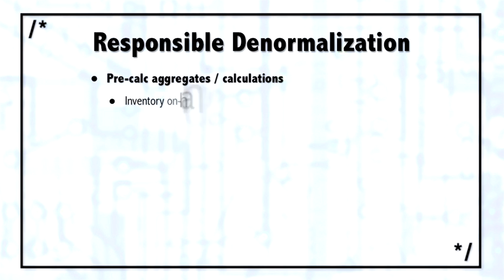Some examples of how you can responsibly denormalize, improve performance of the database, and even improve the integrity of the data is to denormalize inventory on hand calculations, pre-calculate some aggregates. For example, in the order detail table, it could be argued that because we have the quantity and because we have the individual item price, that we're storing duplicate data if we calculate that out and store the extended amount.